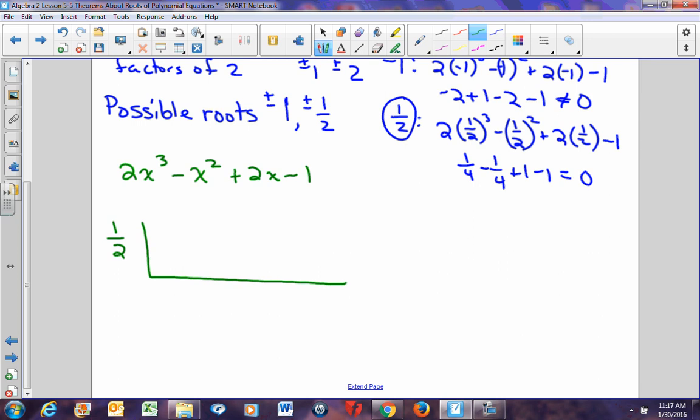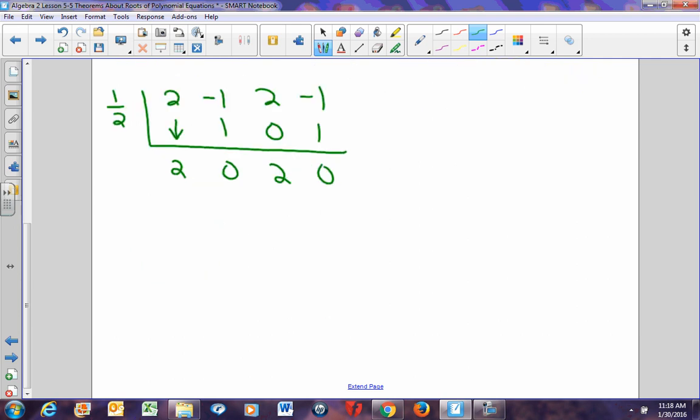Okay, 3, 2, 1, none, so let's do 2, -1, 2, -1. Bring this down. Half of 2 is 1. That's 0. 0 times 1/2 is 0. 2 times half of 2 is 1. So we know it had to end in 0. So it started with a cube. So now this is going to be 2x squared plus 2 equals 0.